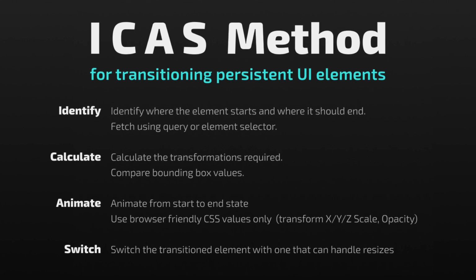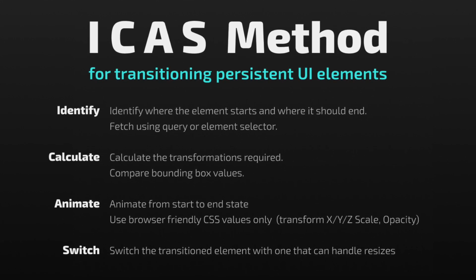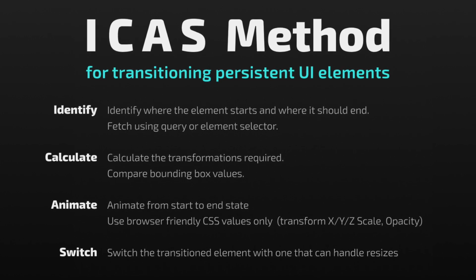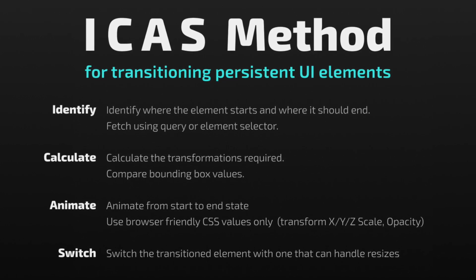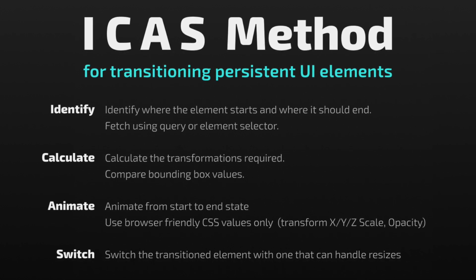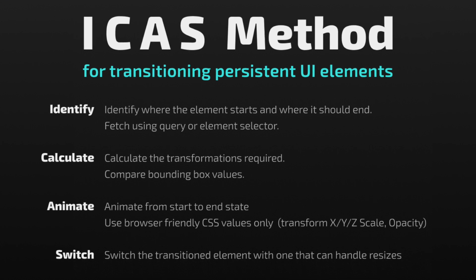We then animate it using those values, and as I mentioned before, we only want to animate the transform values. We then switch the transitioned element with the one that can handle the resizes, and then reset the transitioned element back to its original place.